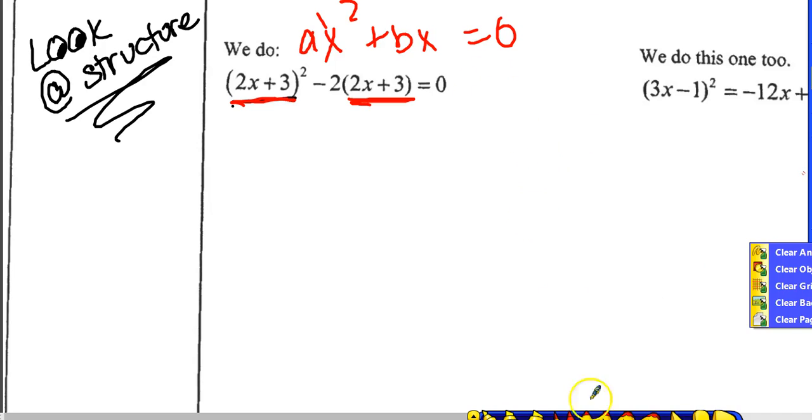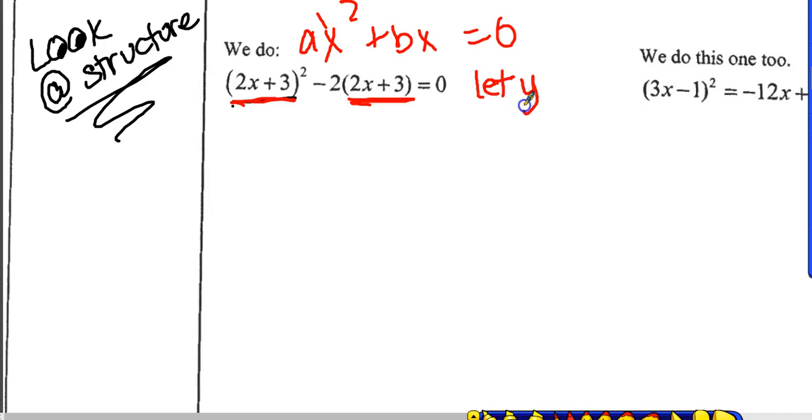We're going to change this problem up and use substitution. Make it simpler. So let's say that we're going to let you pick a variable, not x. Somebody pick one. Okay, let y equal 2x plus 3. I don't like the binomial 2x plus 3, so I'm going to use substitution.